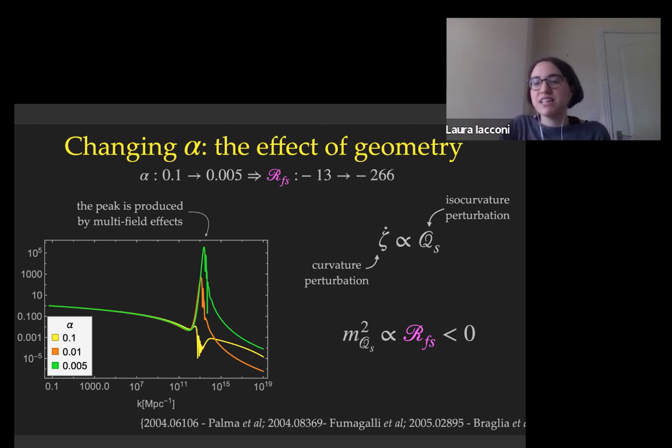So if here you have something huge and negative, this means that the squared mass of the isocurvature perturbation is negative. The isocurvature perturbation gets amplified through a tachyonic instability, and through the coupling that I have shown you before, gets transferred to the curvature perturbation. So this explains why you see a peak in the scalar power spectrum, and the origin of this peak.